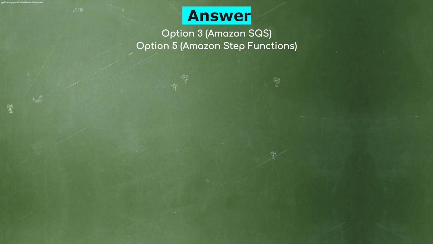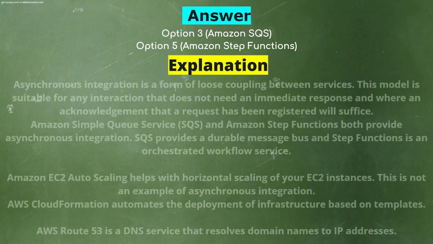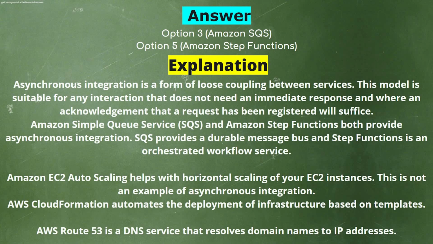Explanation. Asynchronous integration is a form of loose coupling between services. This model is suitable for any interaction that does not need an immediate response and where an acknowledgement that a request has been registered will suffice. Amazon Simple Queue Service, SQS, and Amazon Step Functions both provide asynchronous integration.